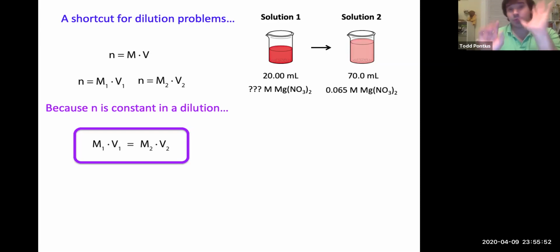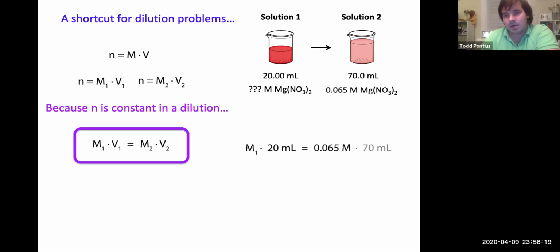This will work if you're doing a dilution. I should warn you, it is sometimes overused, but if you're doing a dilution, it works really, really well. In that previous problem, the final concentration after we did the dilution was 0.065 molar magnesium nitrate. So we could take M1V1 and set it equal to M2V2.